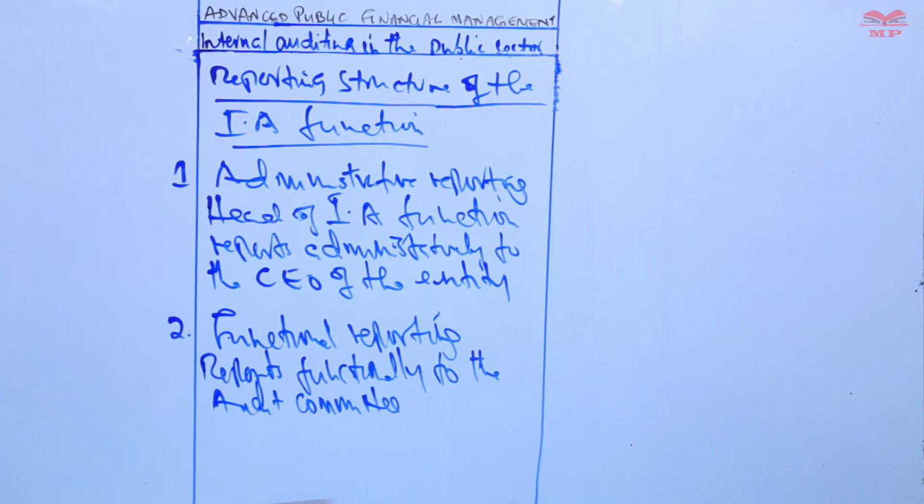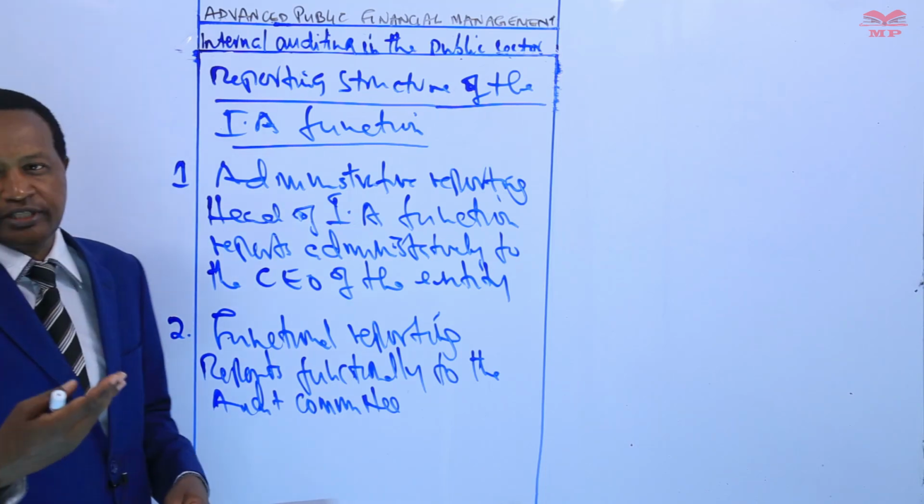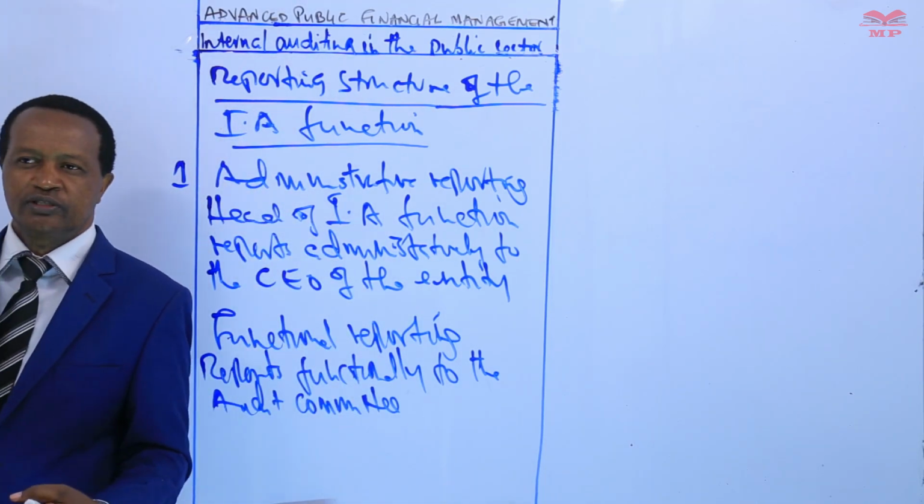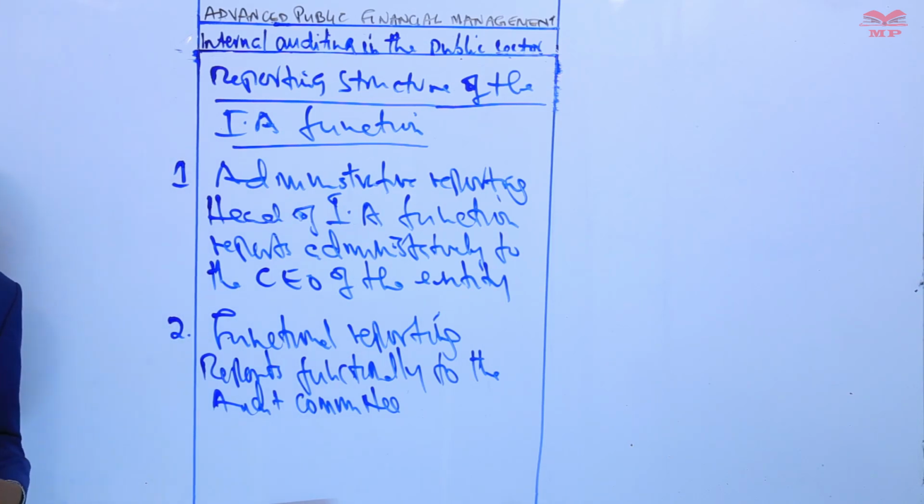The audit committee, we know, provides oversight of financial reporting, risk management, internal controls, and so on. So the head of internal audit presents audit reports, findings and recommendations, and discusses significant risks and control weaknesses directly with the audit committee.